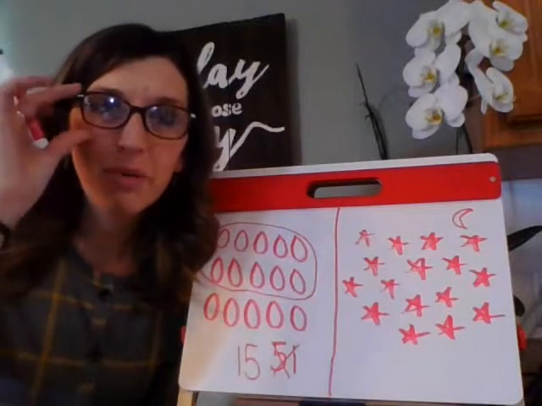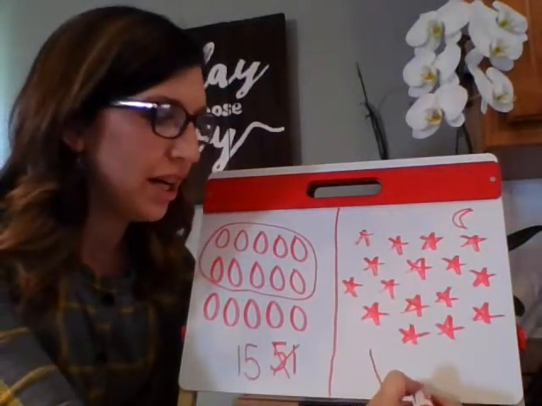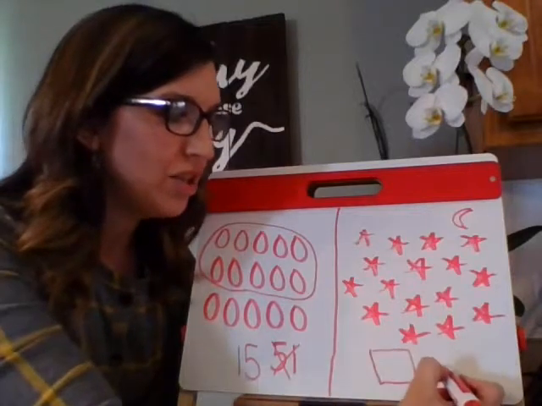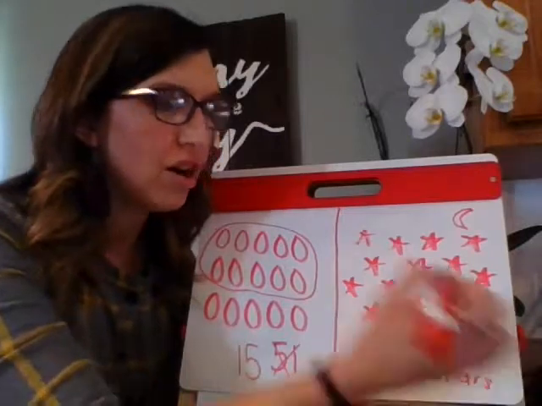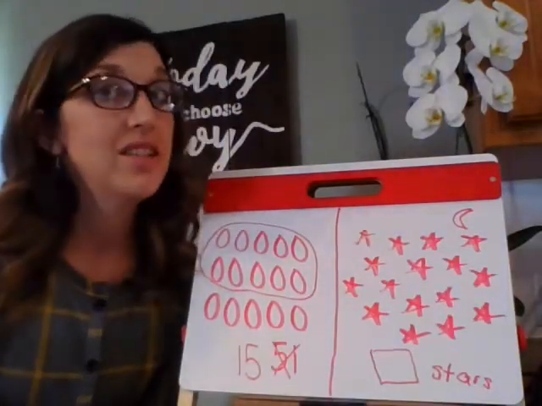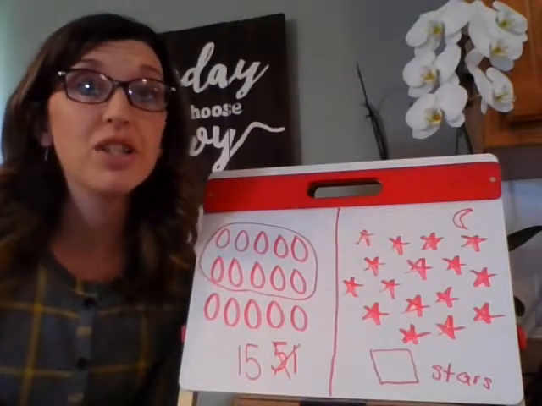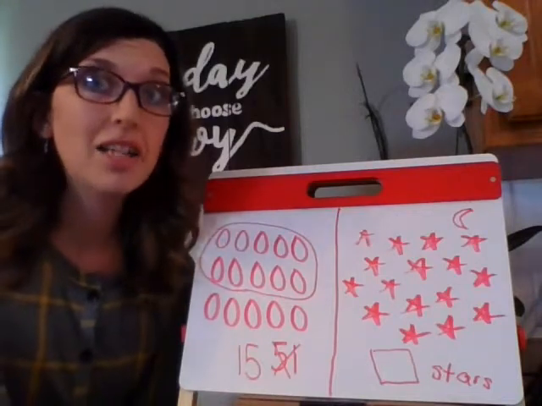Okay, the first thing that we want to know is how many stars, I'm going to draw a little box right here, how many stars all together? Well, we know that one of those objects is not a star. So the very first thing we have to do is cross out the object that does not belong.